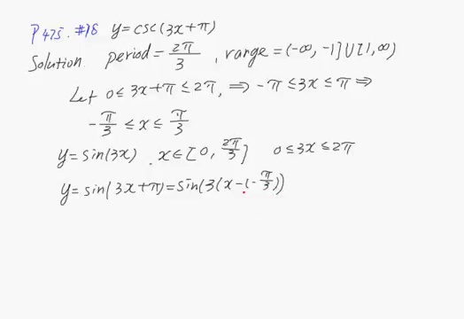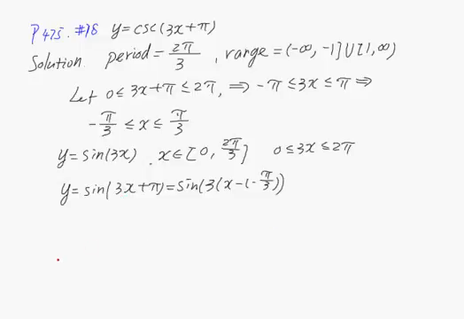So that means to get the graph of sine of 3x plus pi, we may first draw the graph of sine of 3x and then translate the graph of this function to the left, right, because of this negative sign, to the left by pi over 3 units. Then we get the graph of sine of 3x plus pi.